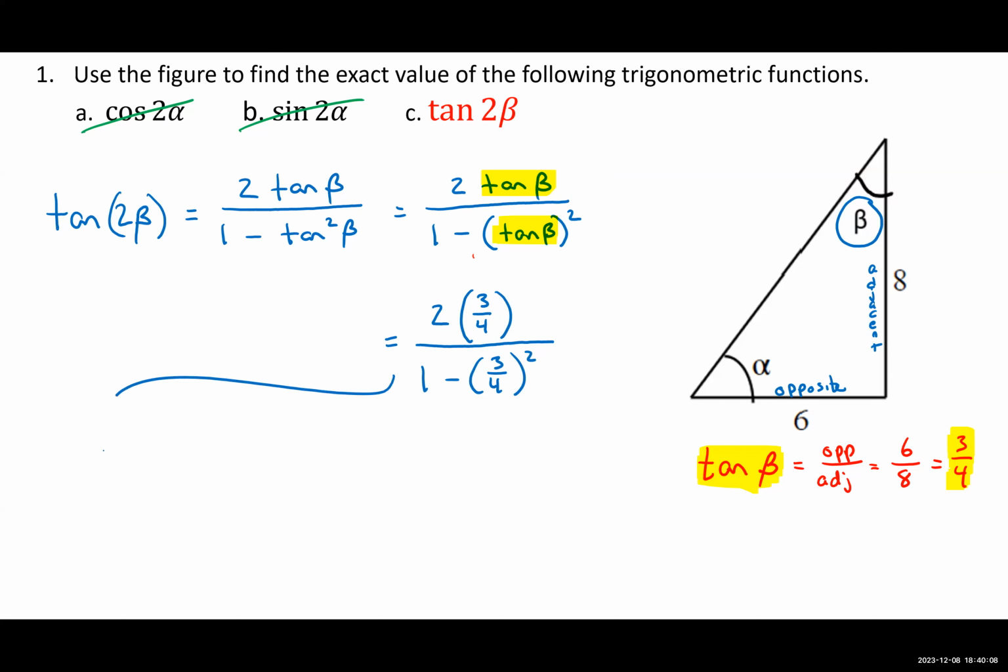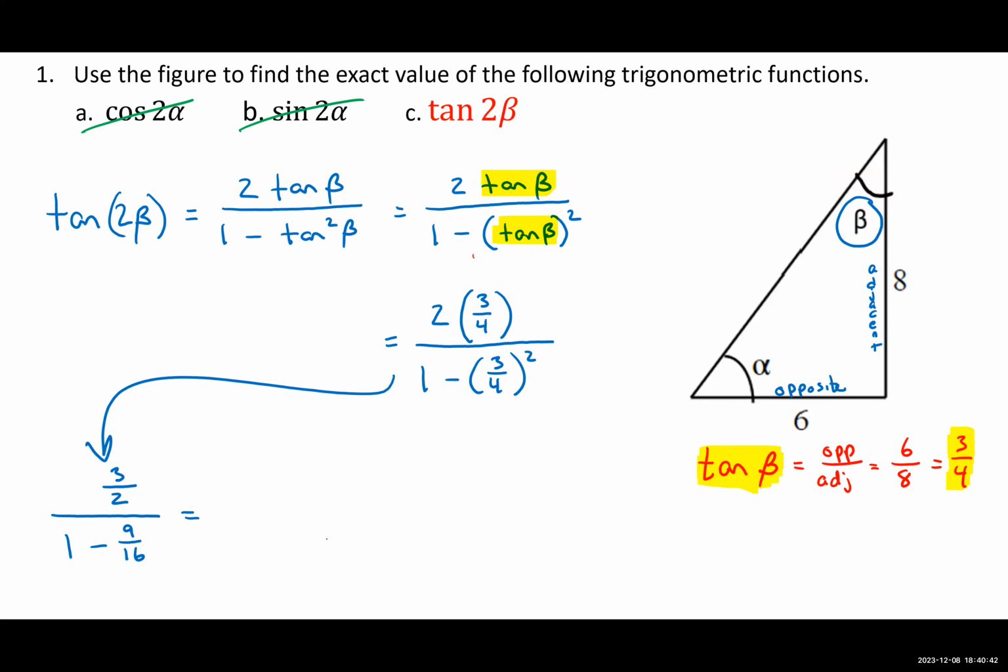Let's bring it over here so we make sure we have enough room. 2 times 3/4, that's 6/4, or 3/2. On the bottom, we've got 1 minus 3/4 times 3/4. So that'll be 9/16.